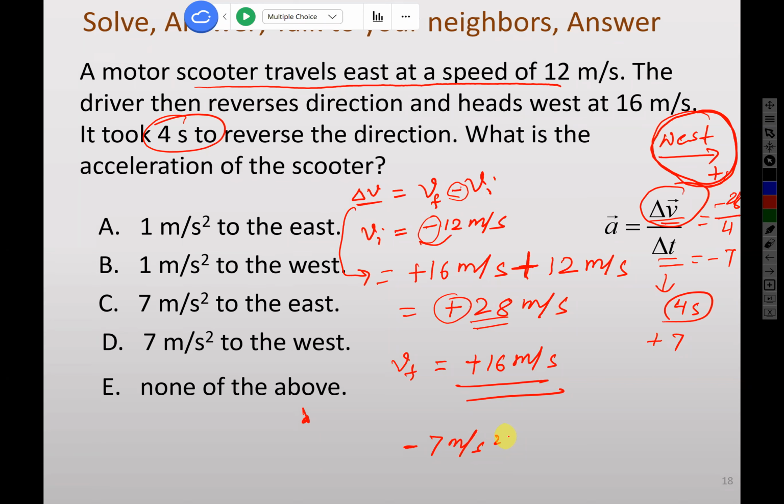That's right. And what does negative direction mean when we said east was positive? Originally, we said east was positive, right? So that means negative means west. Opposite of positive is negative. Opposite direction of east is west.